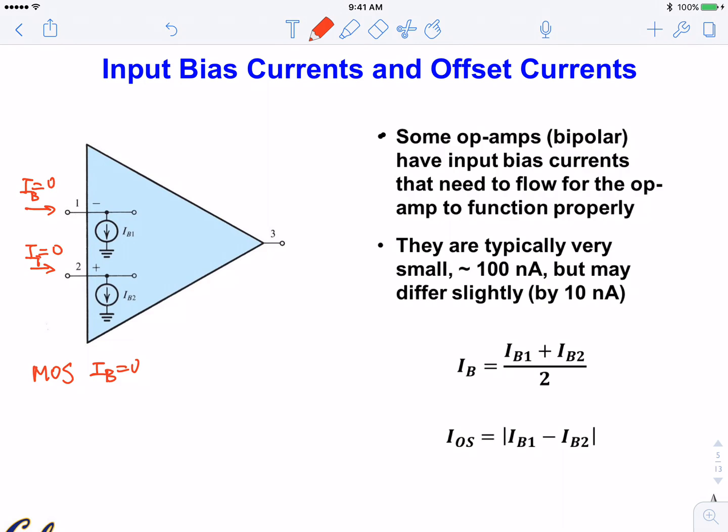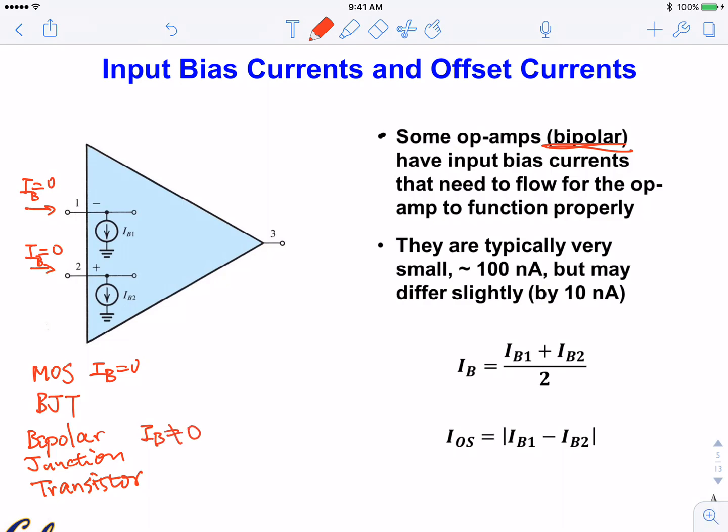In another type of technology called bipolar junction technology, the bipolar junction transistor, BJT, in this type of op-amp, you need a bias current, and it is not 0. So in this case, IB is not 0.